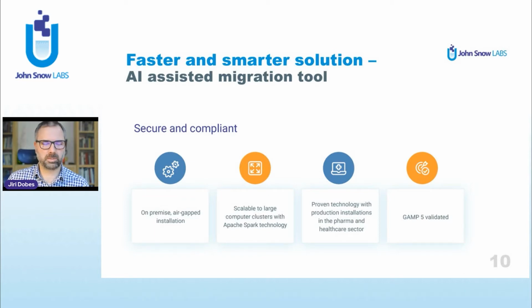It is based on Apache Spark technology, so it is scalable to large computer clusters. It is based on Spark NLP, Spark NLP for Healthcare. We have a number of references in the pharma and healthcare sector, so it is proven technology. And because the clinical trial may have a negative impact on patient health, it needs to be GxP validated.